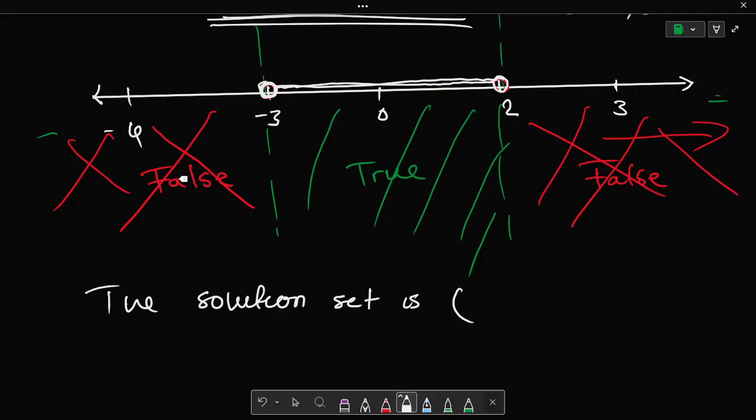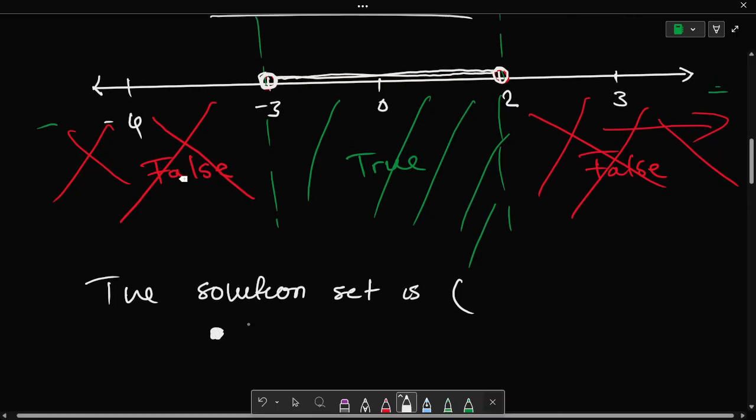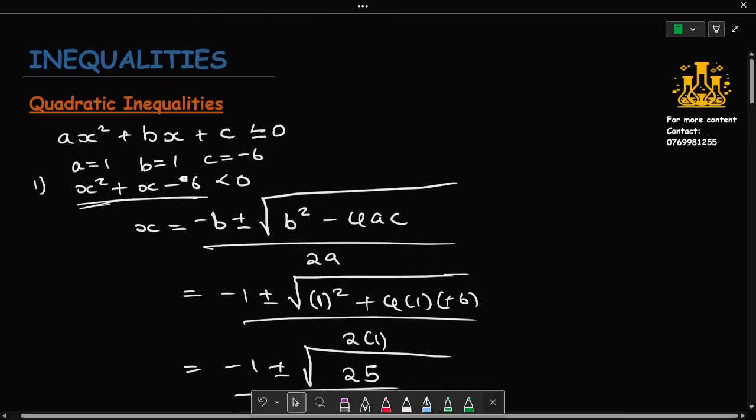The type of bracket that you're going to have, we discussed when we were looking at interval notation: when you have a closed circle, you use this type of bracket, and when you have an open circle, you use this one. So we're going to use this one, where we put -3, comma 2, and on the other side we have an open circle, so we put that one. So that's your solution in interval notation. Okay, so that's how you solve this question.